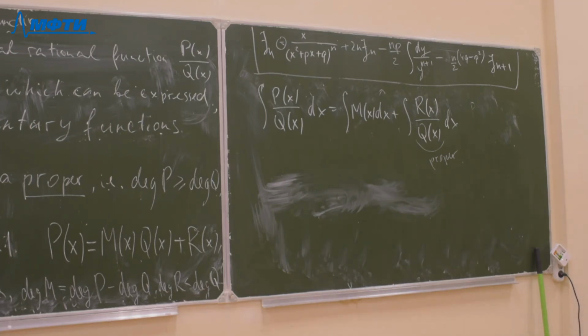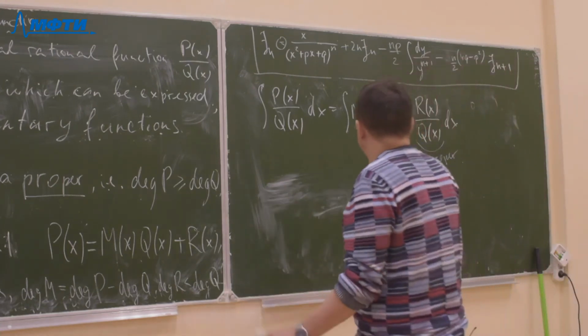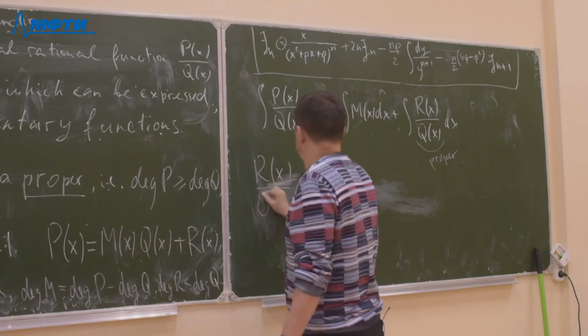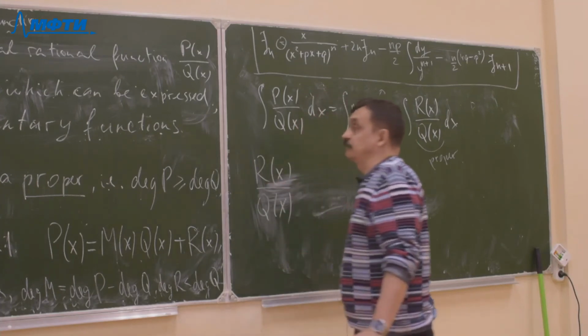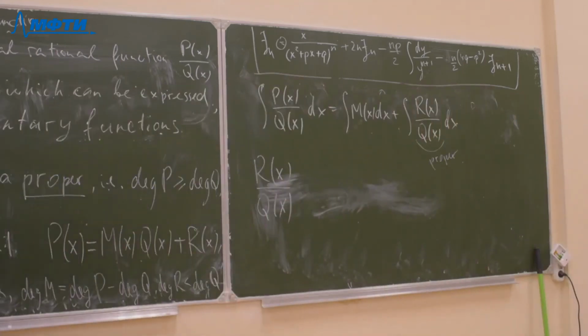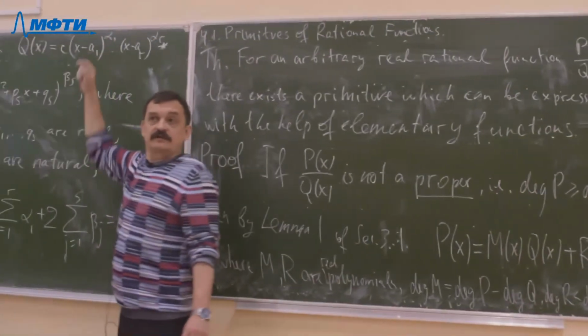Look, I look at r of x over q of x. We start with a1. Here we have power alpha 1, right?